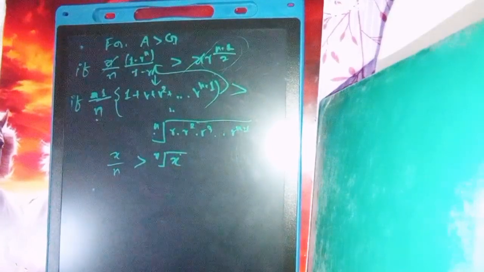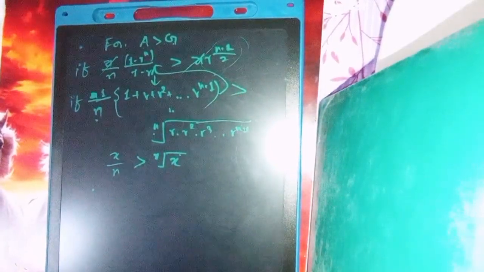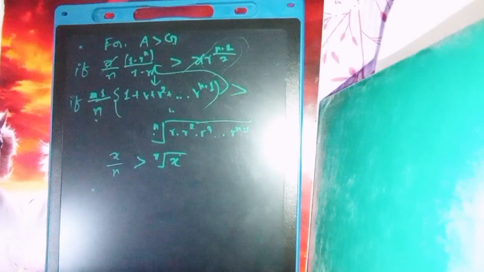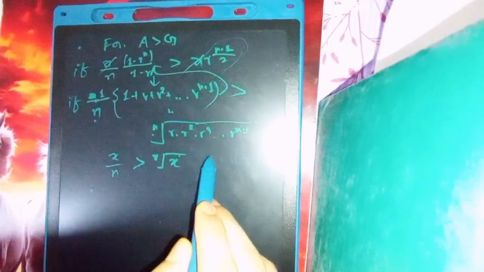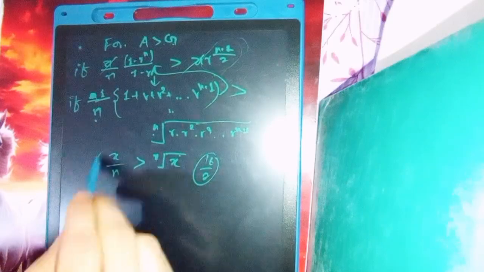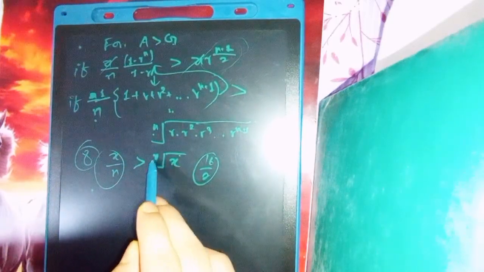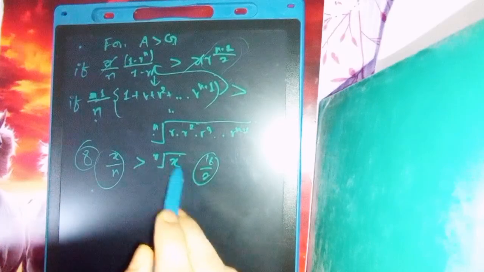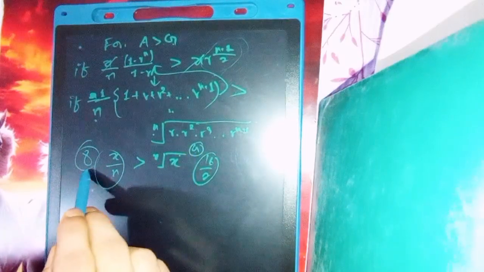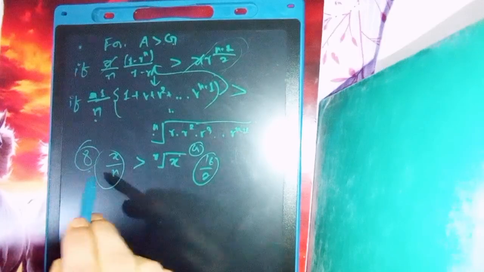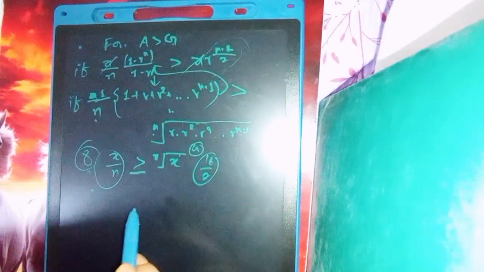If we put the value of x as 16 and n as 2, it will be 16 upon 2, that will be 8 on this side, and here n is 2 and x is 16, so the square root of 16 is 4. So 4 will be here. This will always be bigger, or this will always be equal. Equal or bigger, so this is true.